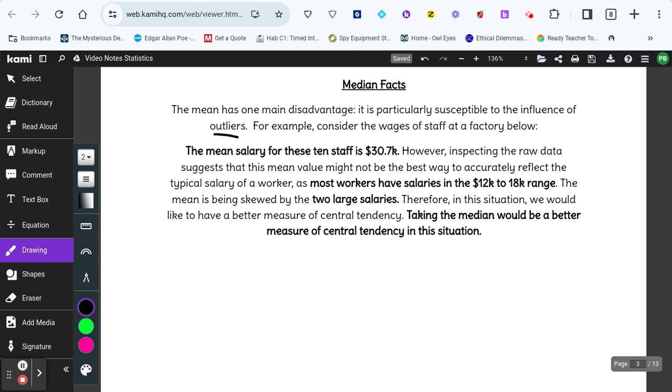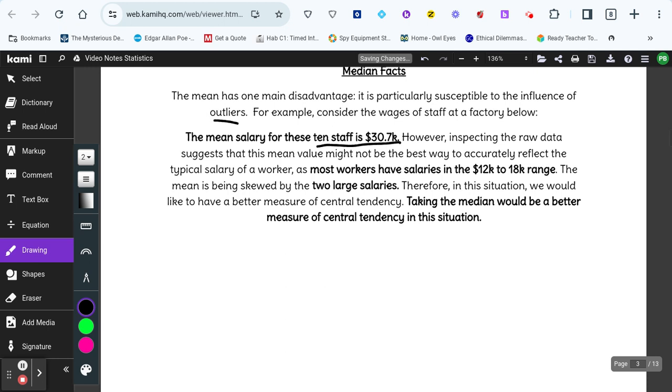For example, consider the wages of staff at a factory. Ten staff members make $30,000. However, inspecting the raw data suggests that this mean value might not be the best way to accurately reflect the typical salary of a worker, if most workers only make like $12,000 to $18,000.